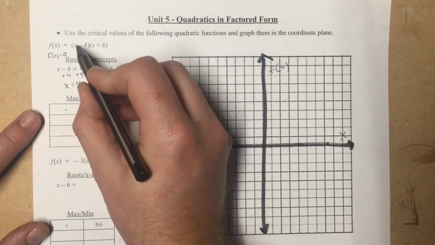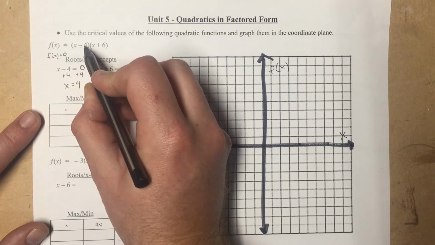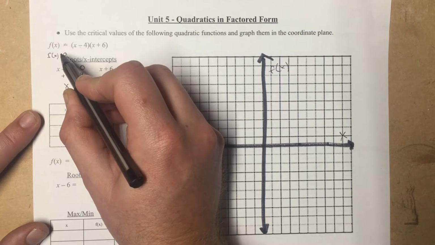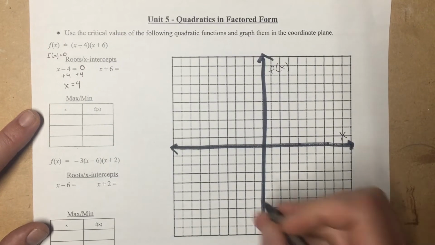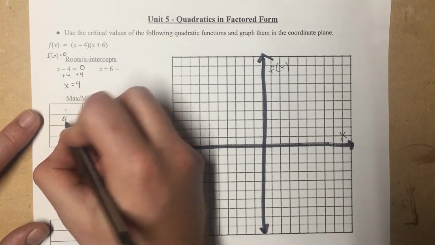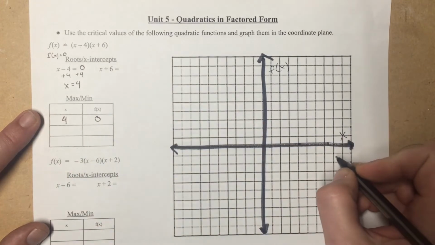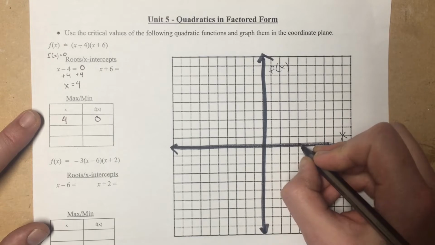So I know if I put in x is equal to 4, then 4 minus 4 is 0, and 0 times anything is going to make 0. So I know that x equals 4 is going to be one of our x-intercepts. So when x is equal to 4, I know that f of x is going to equal 0. So I'm going to plot that point right here. 1, 2, 3, 4.